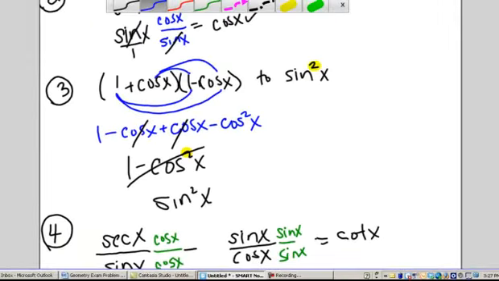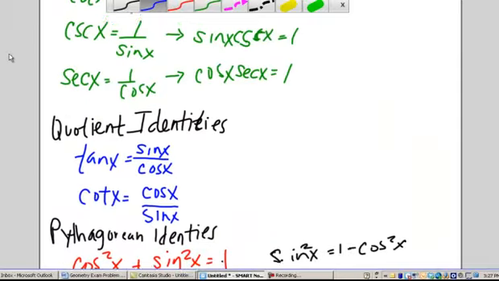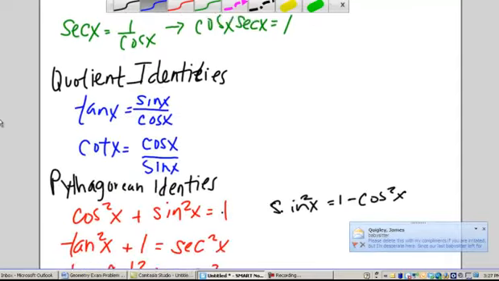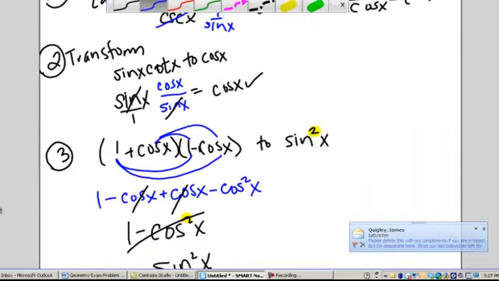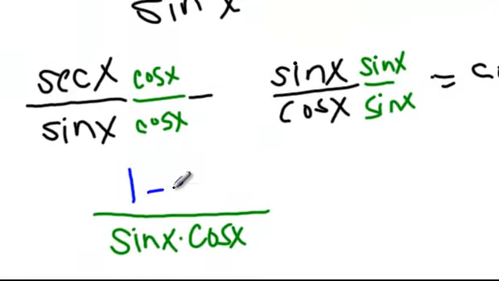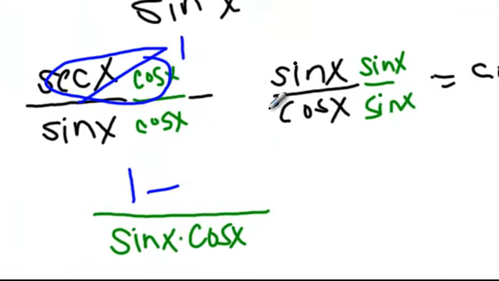Okay, go back up, secant times cosecant, that equals 1. Okay, so this whole thing equals 1.